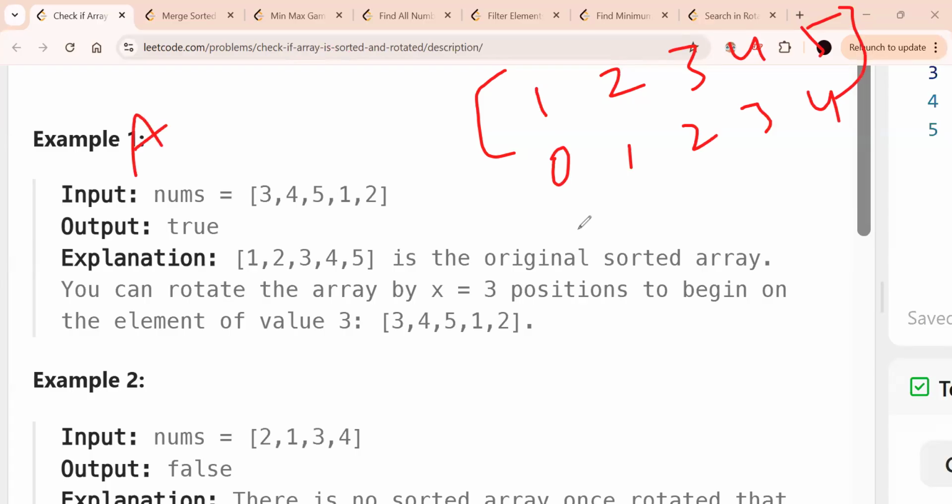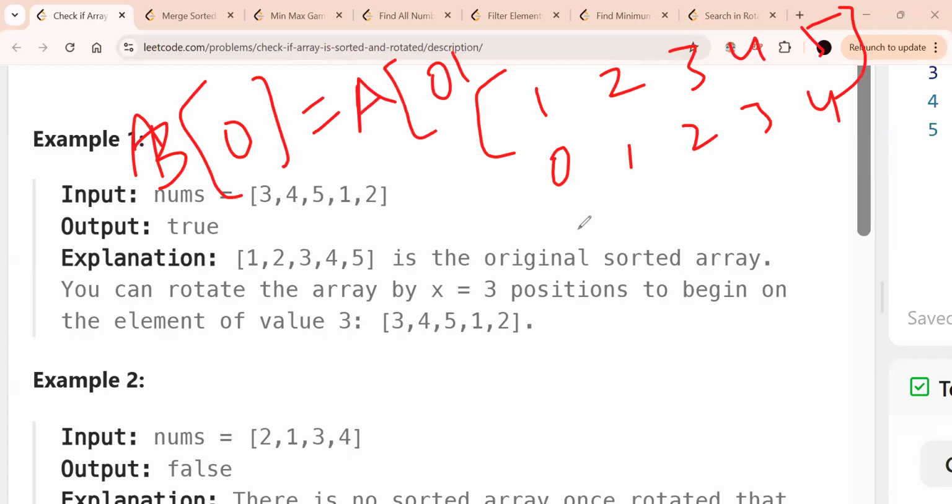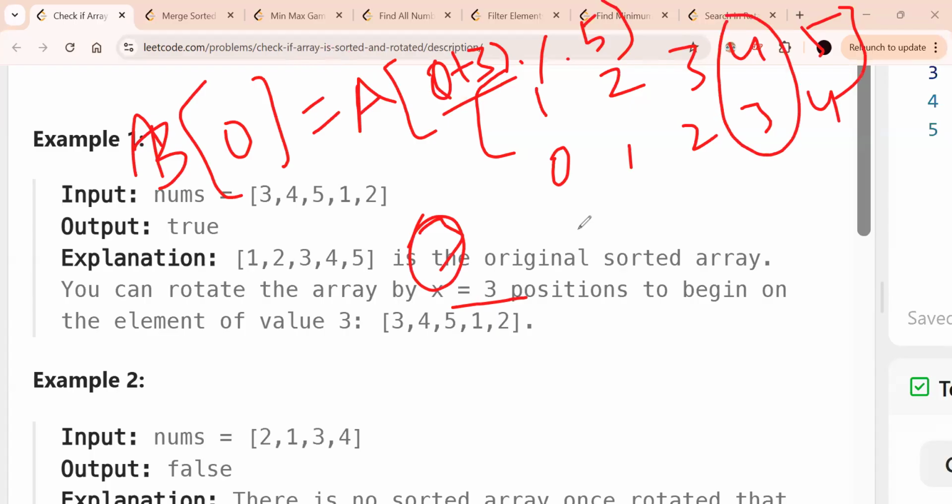Now we know that in the new array, B of 0 will be A of 0 plus the X value. X is 3. 0 plus 3 modulus length 5. So 3 modulus 5 is 3. A of 3 is 4.